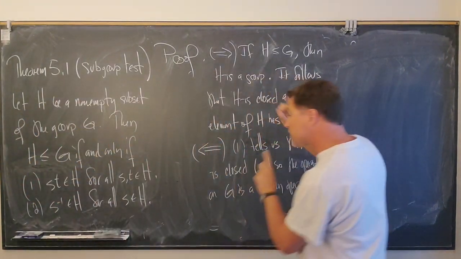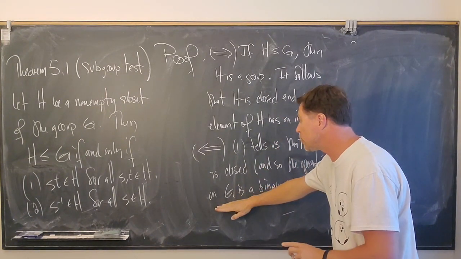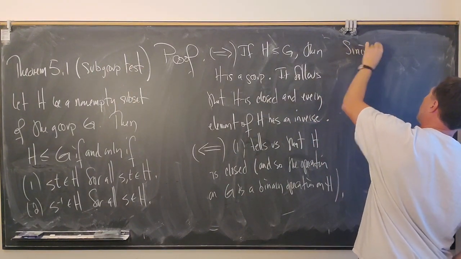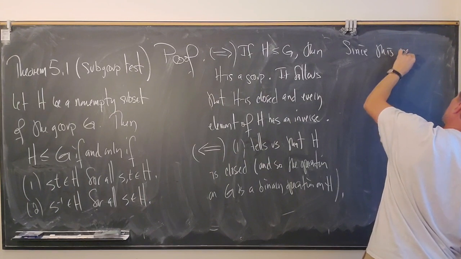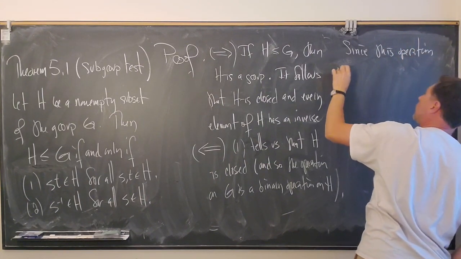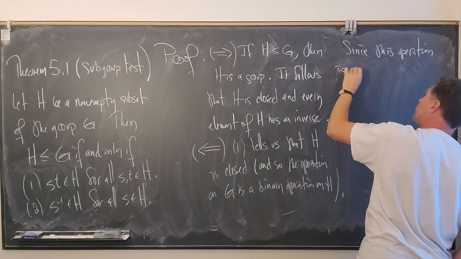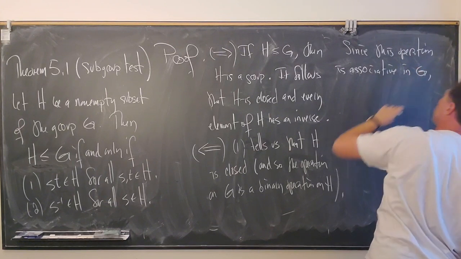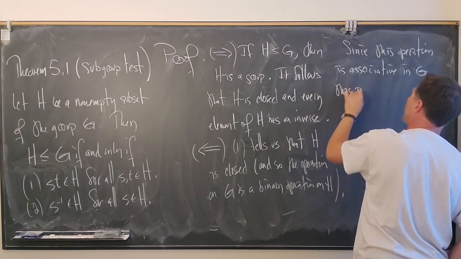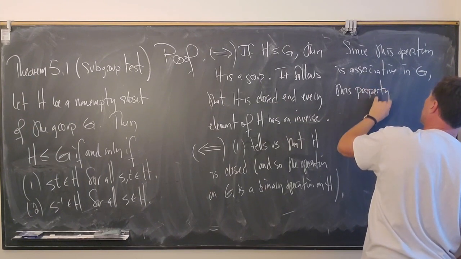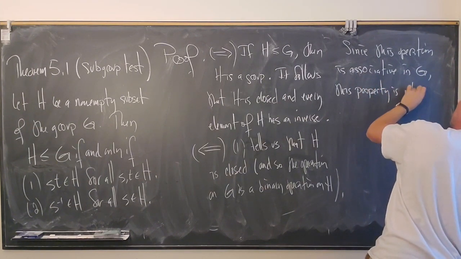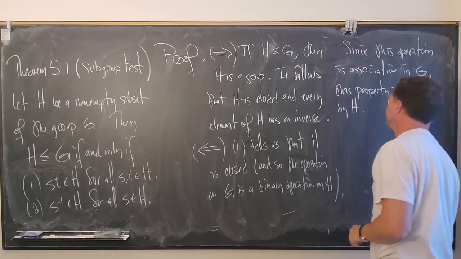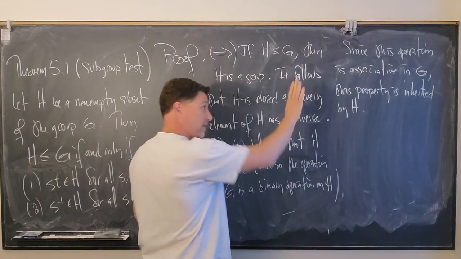Of course, now associativity, since it's associative on G, it's associative on H. So since this operation is associative in G, this property is inherited by H. So that takes care of axiom 1.